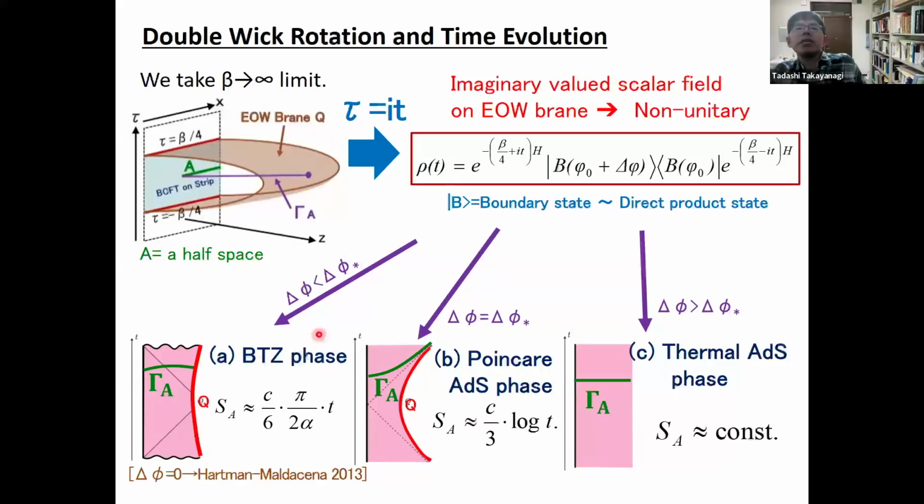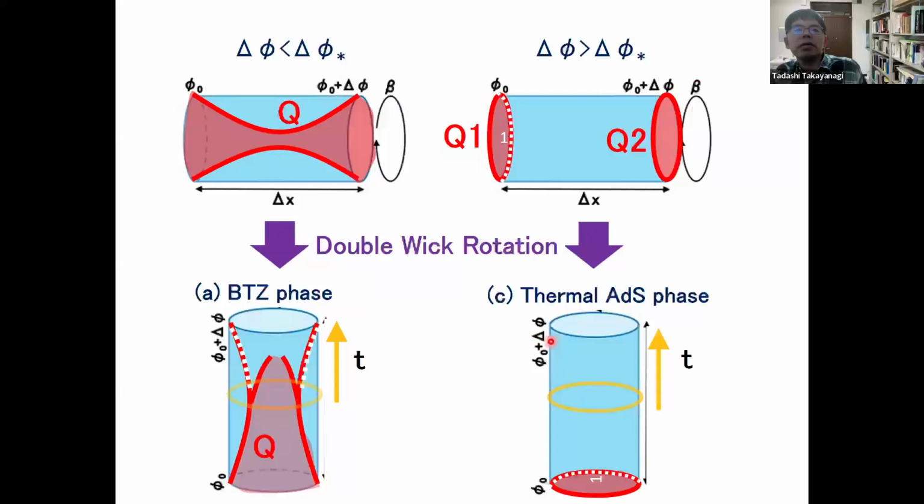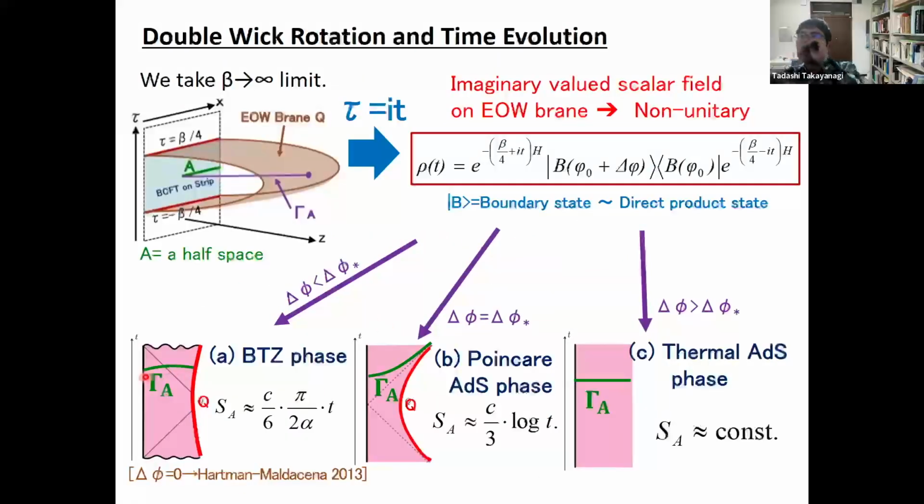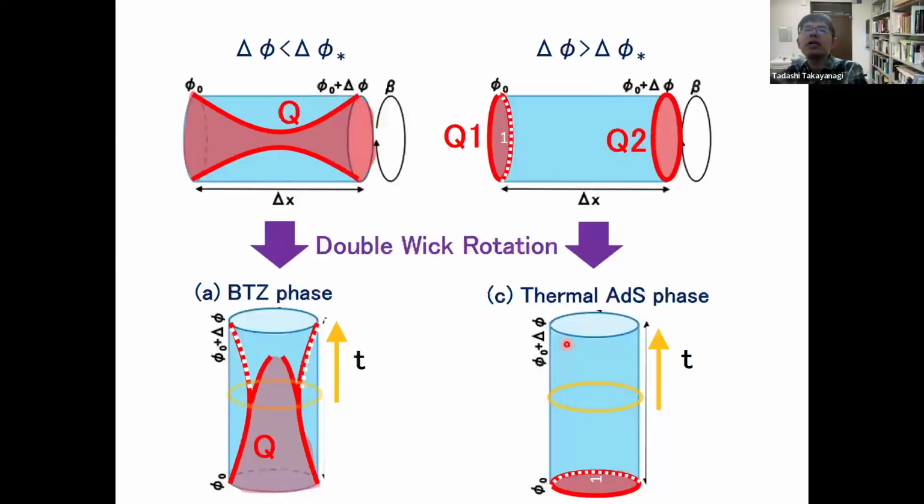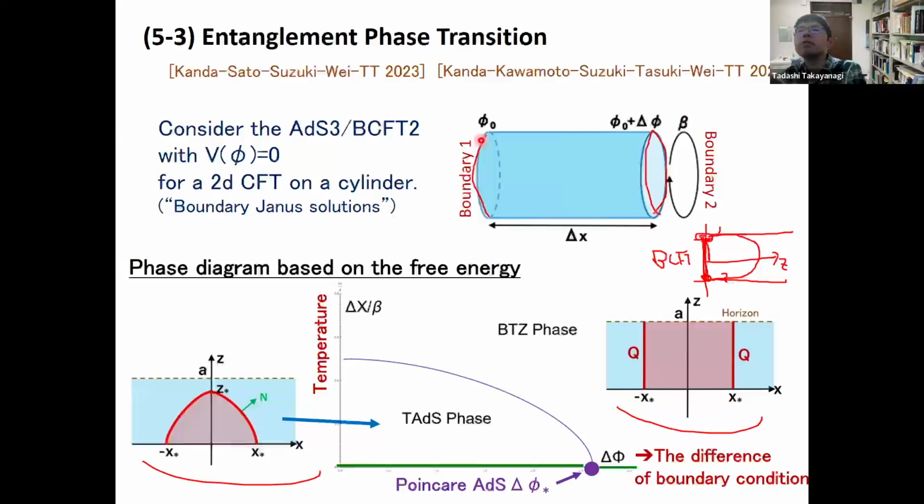And then we see these two phases. In the BTZ phase, we can calculate the entropy of gamma A, which is interestingly growing under time evolution, linear in t. This is actually, when delta phi equals 0, the same as a very famous example called the Hartman-Maldacena configuration.